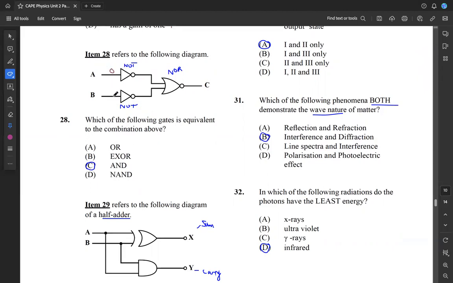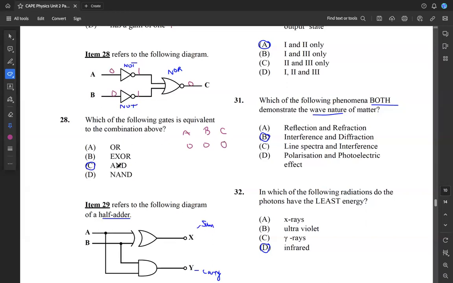That's my input, so let me write my truth table: A, B, C. These are my two inputs, A and B, and then my output C. If I put in 0 and 0, I get inversion here because it's a NOT gate, so it's going to give me 1, and this is also going to give me 1. At a NOR gate, if I had 1 and 1 in an OR gate I would have gotten 1, but because it's a NOR gate, it inverts it, and so I end up with 0. So I put 0 here.